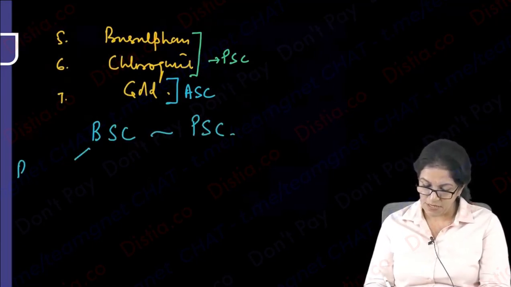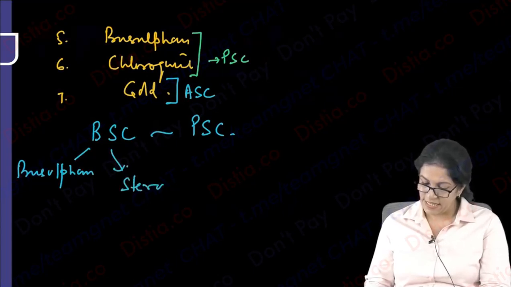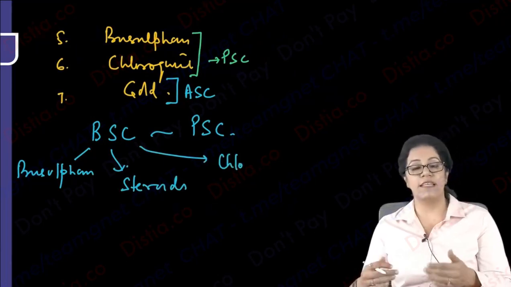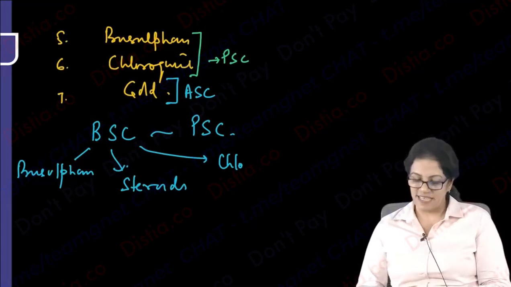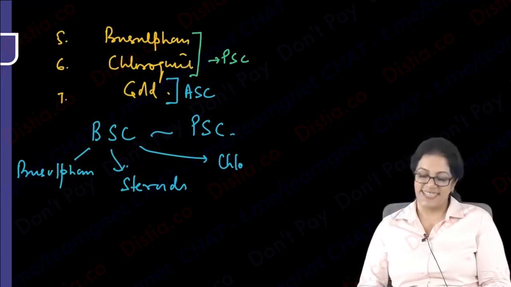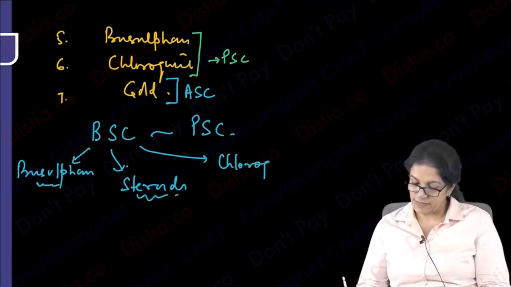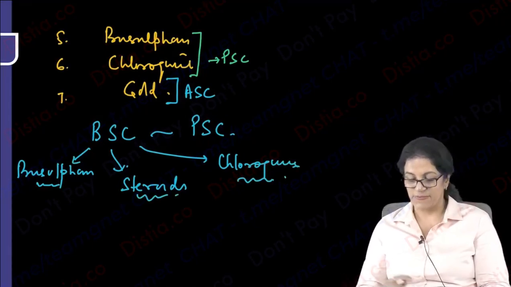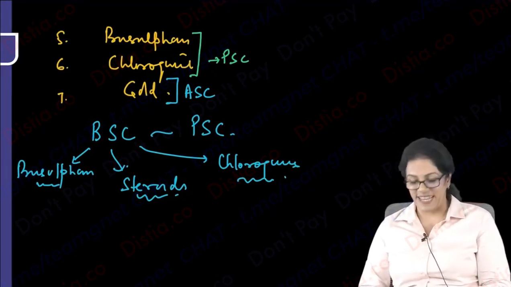BSC stands for busulfan, steroids and chloroquine. We don't need too many mnemonics, too much can be confusing. Concept should be clear, but a few will help you. So this causes posterior subcapsular cataract.